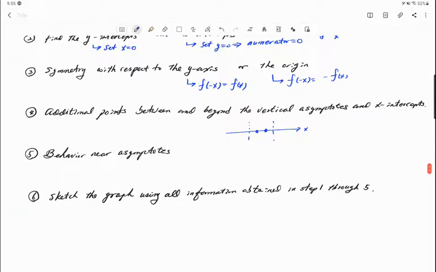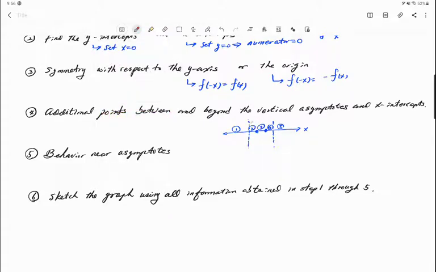For each interval, the interval less than this vertical asymptote, and between, here's interval 1, 2, 3, 4, and 5, beyond this line, we check whether the graph is positive or negative. If positive, the graph is above the horizontal line. If the y value is negative, then it's below the horizontal line. Can you see it? This is a really important part.